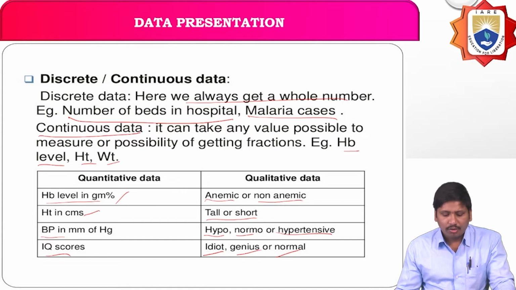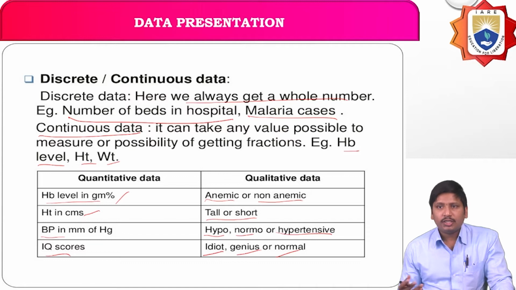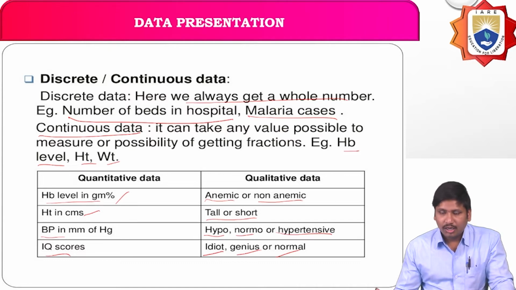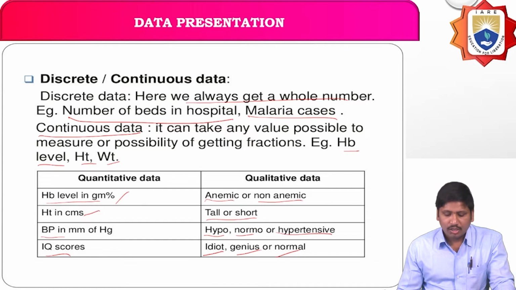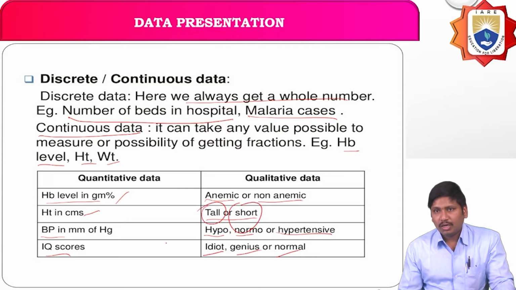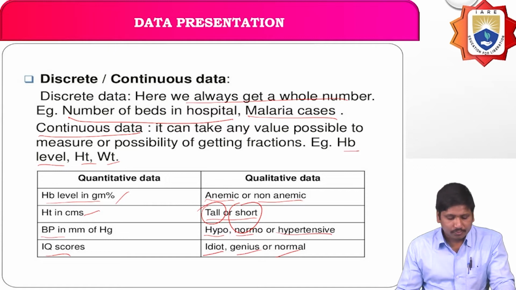So the quantitative data means where I can represent it in the form of a value, and the other way, how I can represent it in qualitative data, that should be anemic or non-anemic in nature. And similarly, quantitative height can be represented in centimeters, and the same thing I can represent in the form of tall and short in qualitative data.